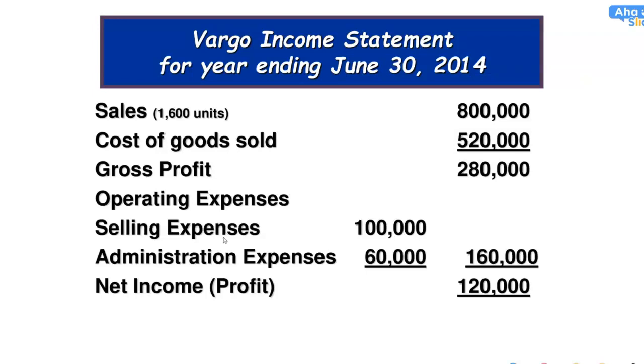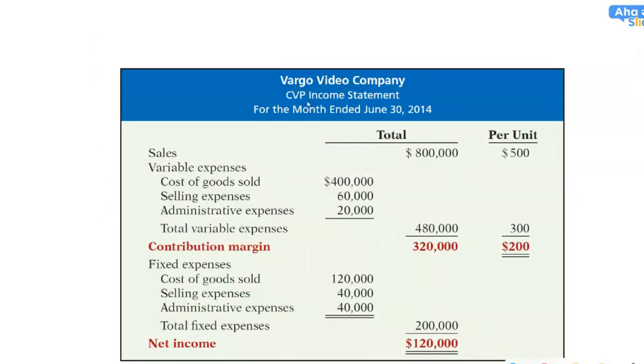I went to the selling expenses, the period costs area, and I broke out those selling expenses that are fixed, salaries, those selling expenses that vary, commissions. I go to administrative expense, I break it out. So you see, I've broken all these expenses into those that are fixed and those that are variable. So now I'm going to rearrange my income statement into what I call a cost volume profit, CVP for short, income statement. Now this is only for us managers.